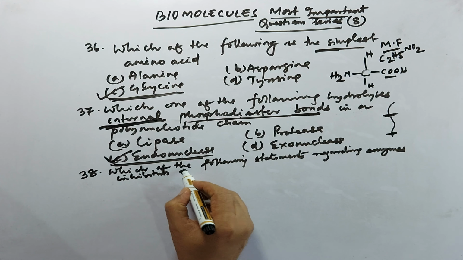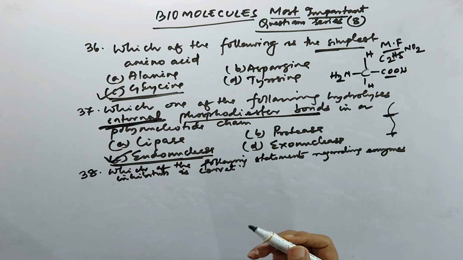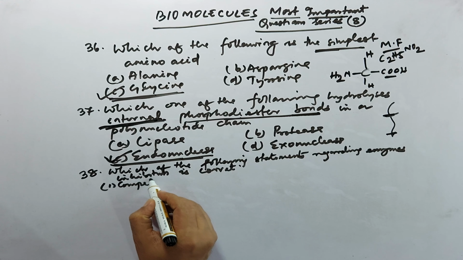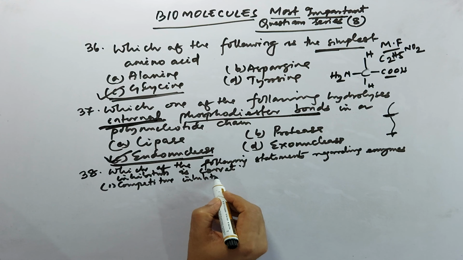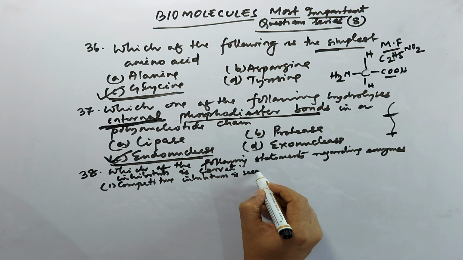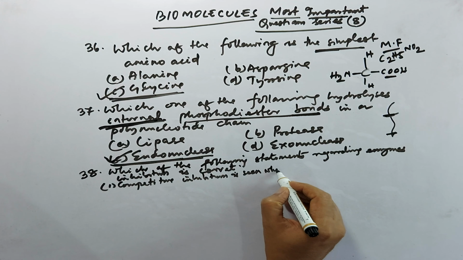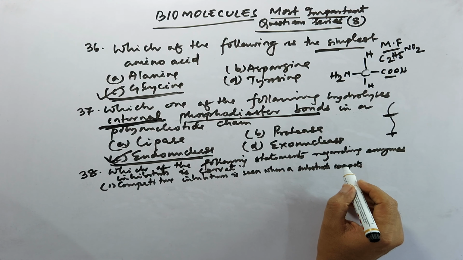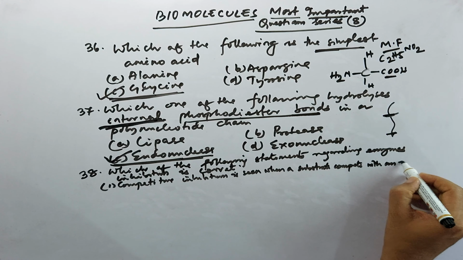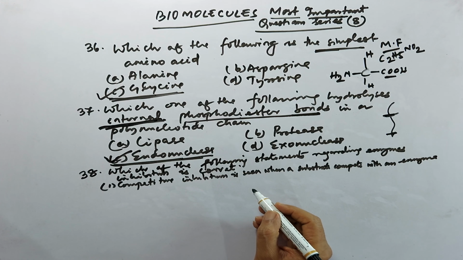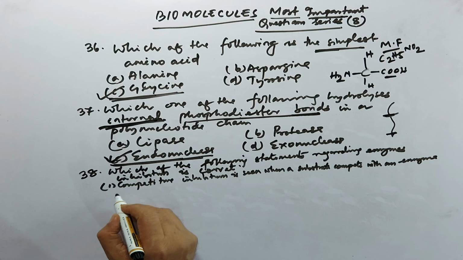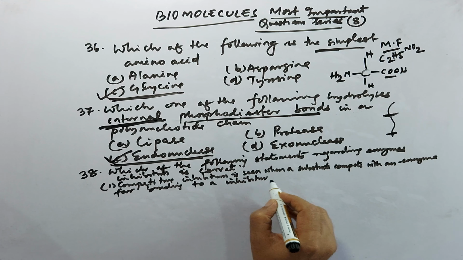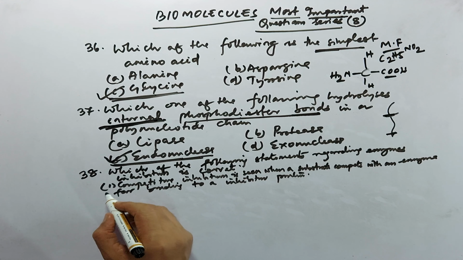The first option is competitive inhibition is seen when a substrate competes with an enzyme for binding to an inhibitor protein.